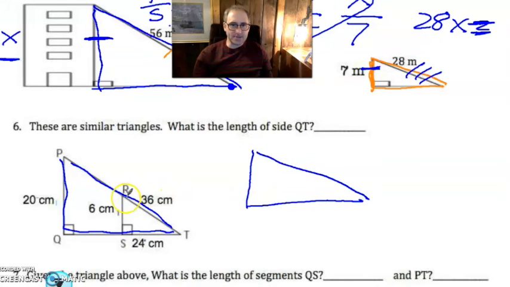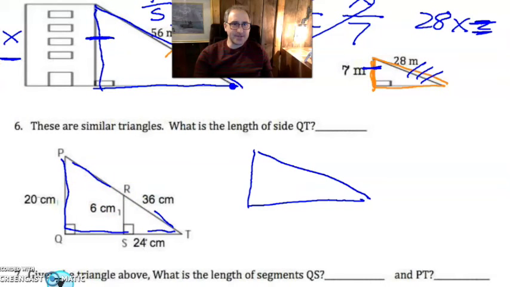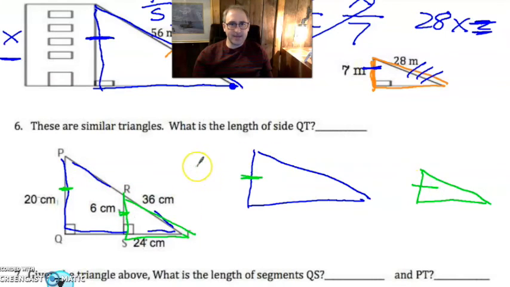I'm going to take this little triangle in green and recopy it here. That way I don't get confused by all the numbers. Again, this side right here is similar to this side right here. And I know the numbers, 20 and 6.